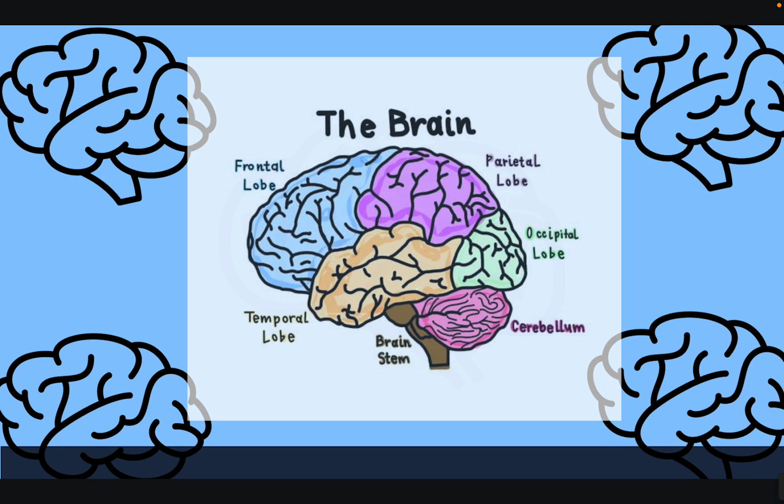So you know that the frontal lobe is going to do this, this, and this. So if you see that the patient is not performing those things, then you know, okay, something must be wrong with this patient's frontal lobe.